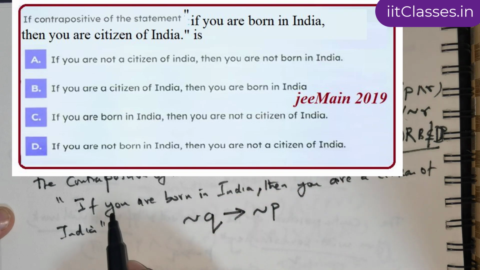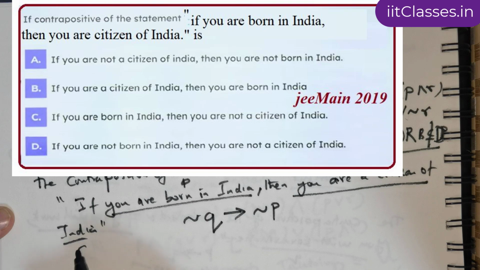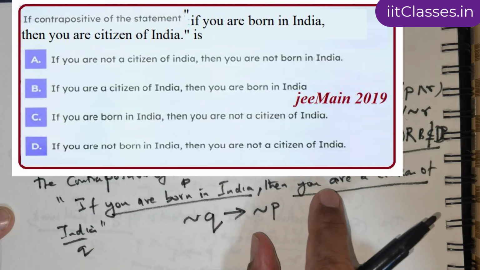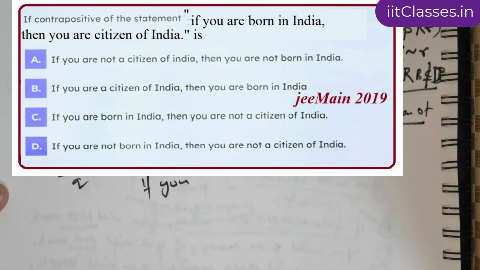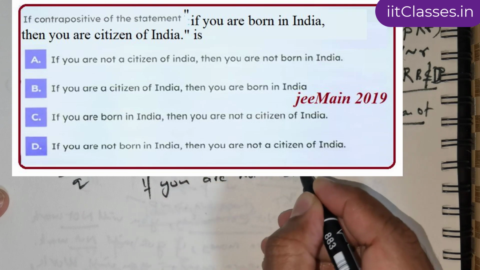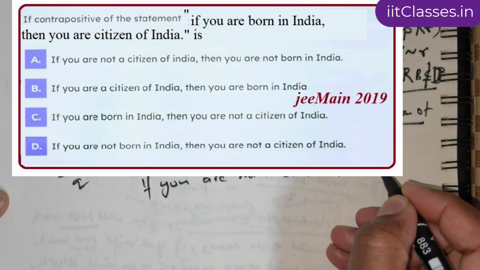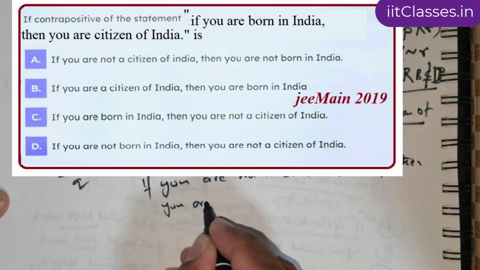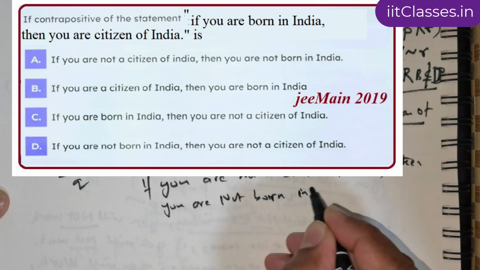If I were to take this as P and this part as Q, the outcome is going to be the negation of Q, conditional negation of P. Let me give you the outcome: if you are not a citizen of India, then you are not born in India.